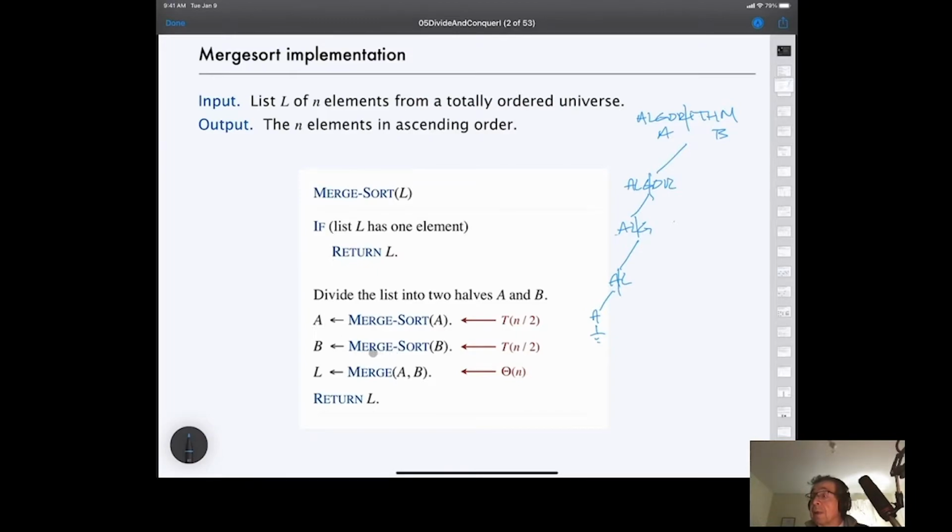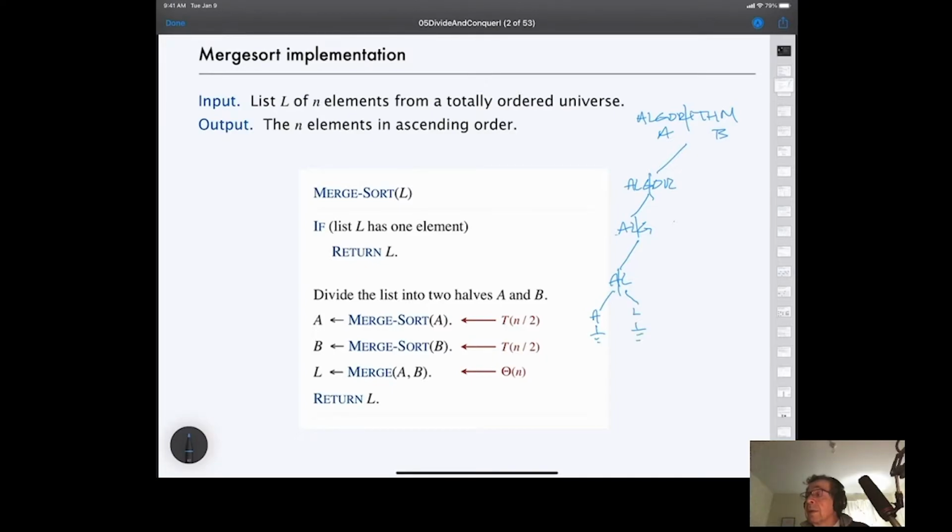And then we go and merge sort the right part of the problem, which is just the letter L. When we do that, merge sort finds that it has only one element, so it returns it and exits. So we return the L and exit.